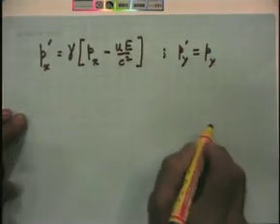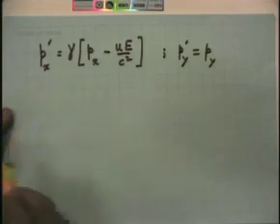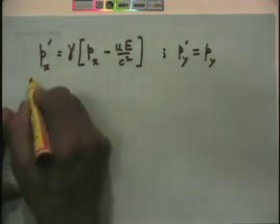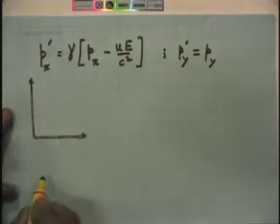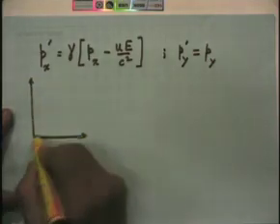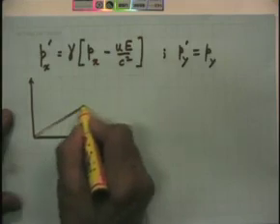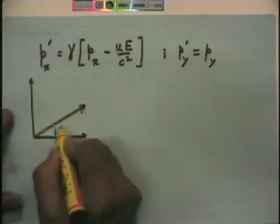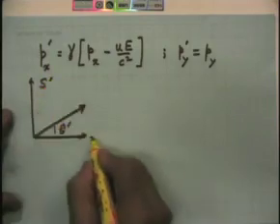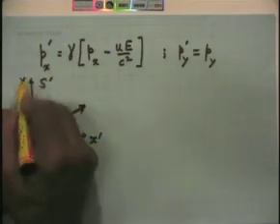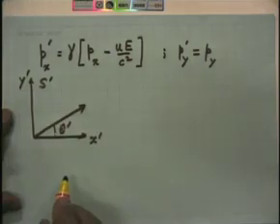And p z prime is equal to p z. So, in the S prime frame, let us suppose there is an atom which is moving in the x direction with velocity u, and it emits a photon in the direction theta prime. This is my S prime, this is the x prime axis and this is the y prime axis.